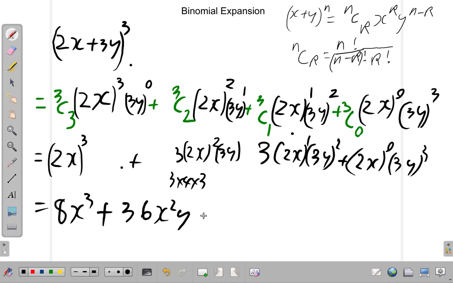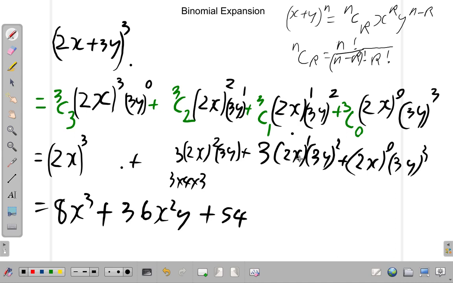Then after that, plus, you should have a plus here. Plus this part. This is 3 times 2 times a 3 squared. 3 squared is 9. So it's 3 by 2, 6, 6 9s are 54.